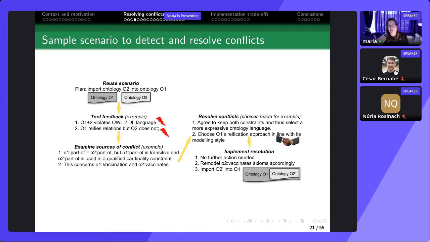For that, we largely rely on the principle of Occam's razor, so the options to fix it would be the options of minimal effort in most cases, because otherwise the possibilities to resolve it are too many. And we also exclude the option of just deleting it from your ontology. We don't want to have that. It's not that we want to avoid the conflict, we want to resolve it, basically. And then you implement the solution.